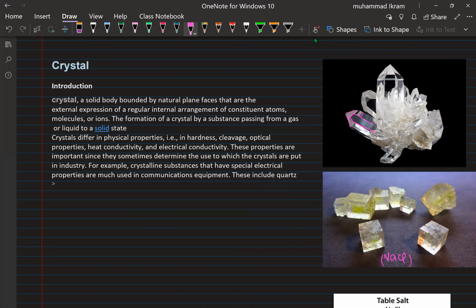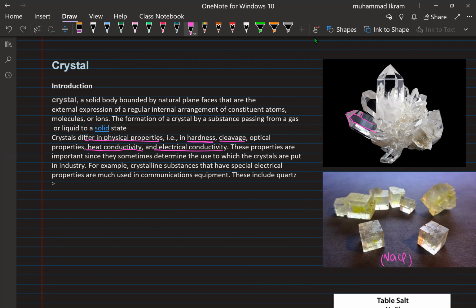Now, crystals differ in physical properties. There is the hardness, that is how hard they are, the cleavage, and the optical properties, such as the heat conductivity and electrical conductivity, which are of great importance for us.